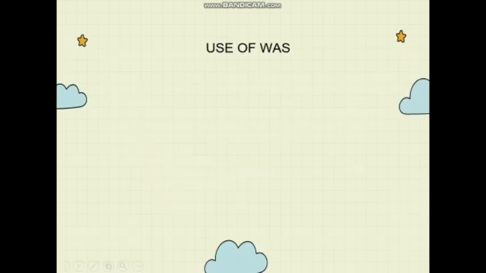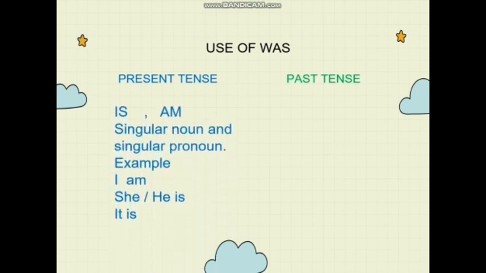Moving further, we have the use of was, and now we are going to compare it with the present tense so that you can understand better. Now was is used with the past tense. We all know that. Now see, in the present tense we use is, am. Is and am are used with singular noun and pronouns.